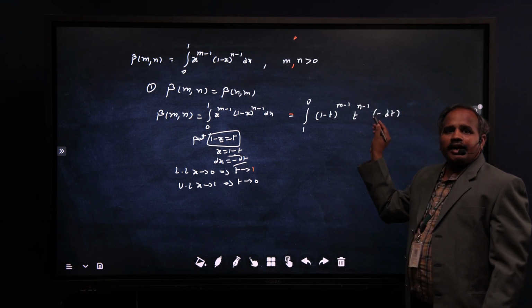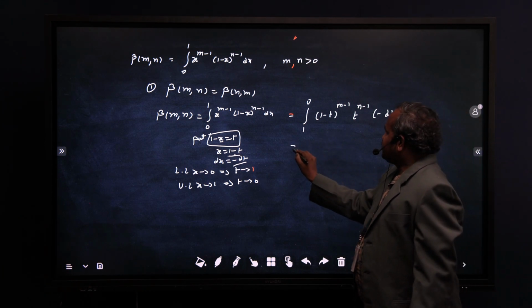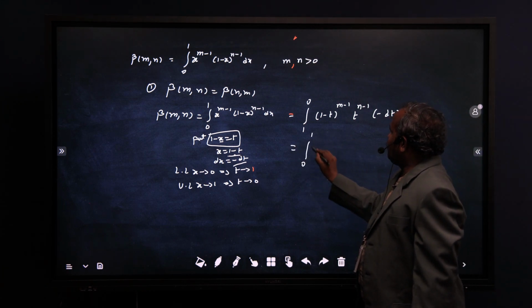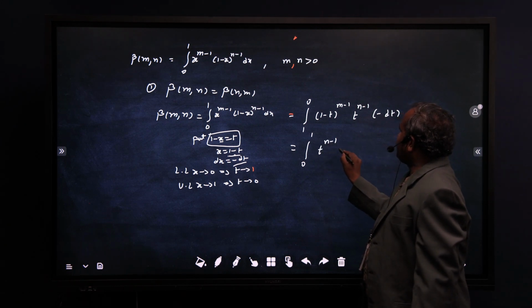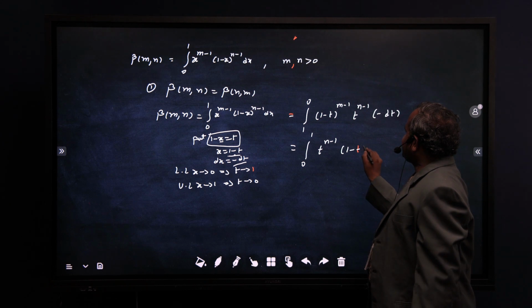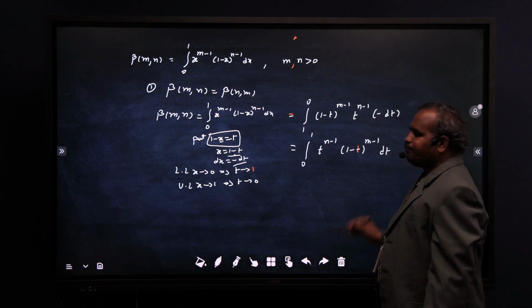We know that the minus interchanges the lower limit and upper limit. So this one is integral 0 to 1 t power n minus 1 into 1 minus t power m minus 1 dt.